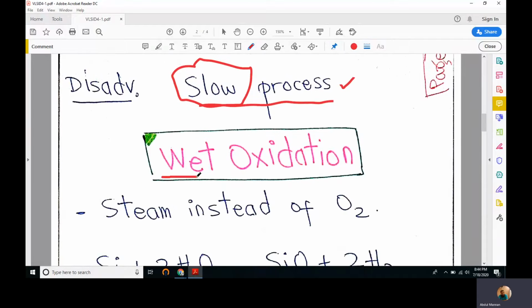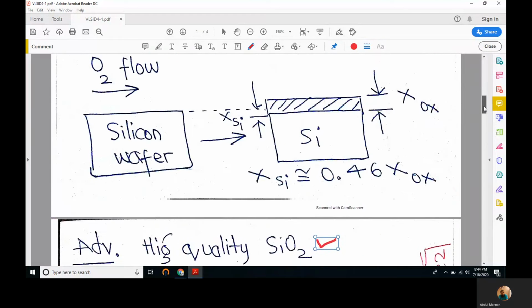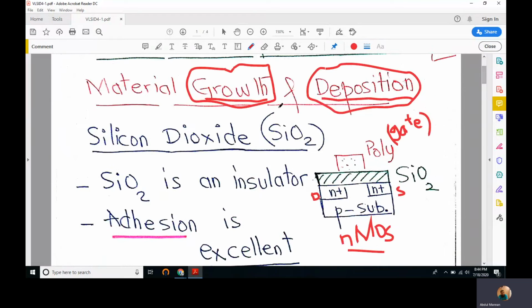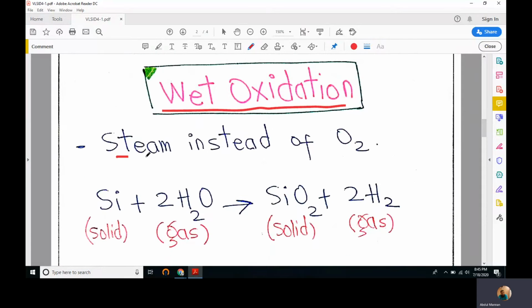Yes, there is, if you use wet oxidation. Wet oxidation is a similar process and requires the underlying layer to be silicon. In fact, it is a growth technique. What we do is we use steam instead of oxygen.